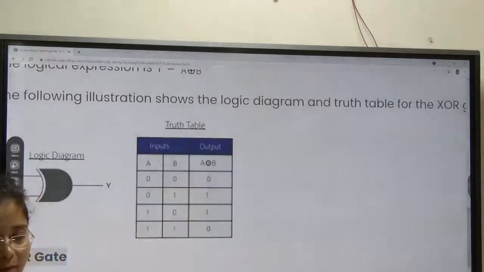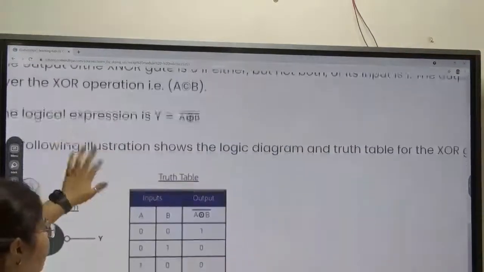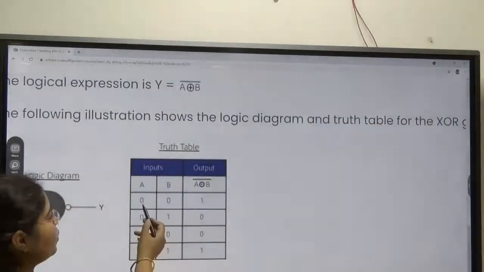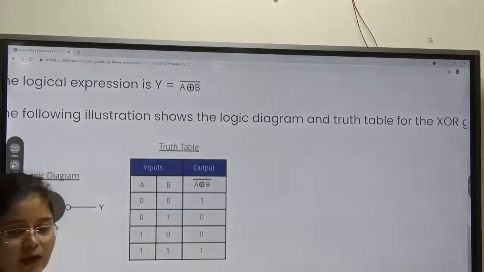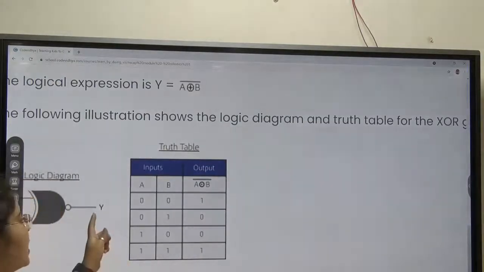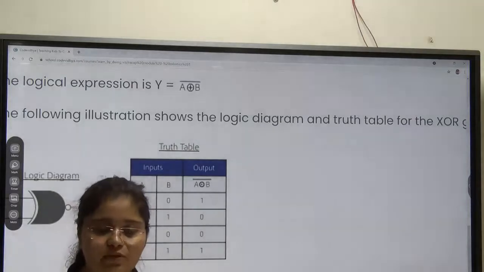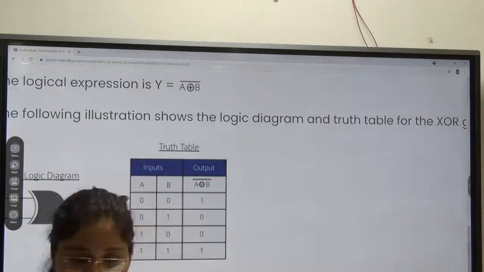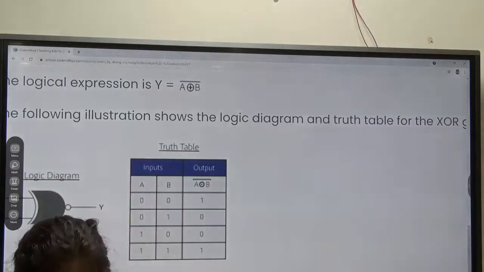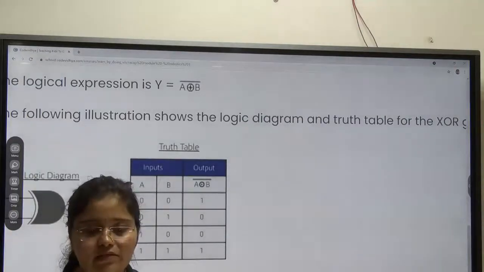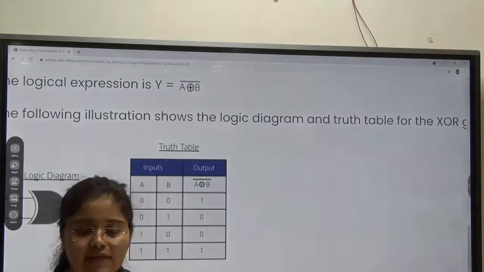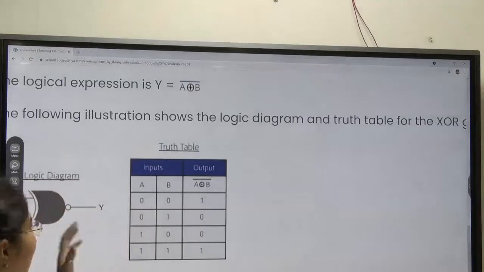Means if both inputs are the same, the output will be 0. But if both inputs are different, means one is 1 and one is 0, then the output will be 1. But in the case of the XNOR gate, this is opposite. If both are the same, we are having output 1. If both are different, output 0. So this is the basic difference you have to remember.